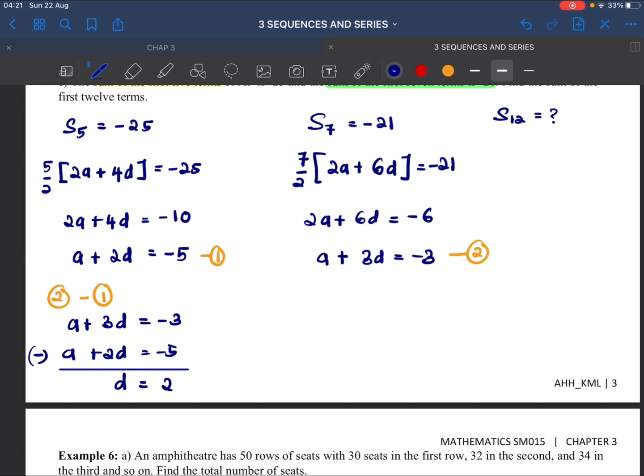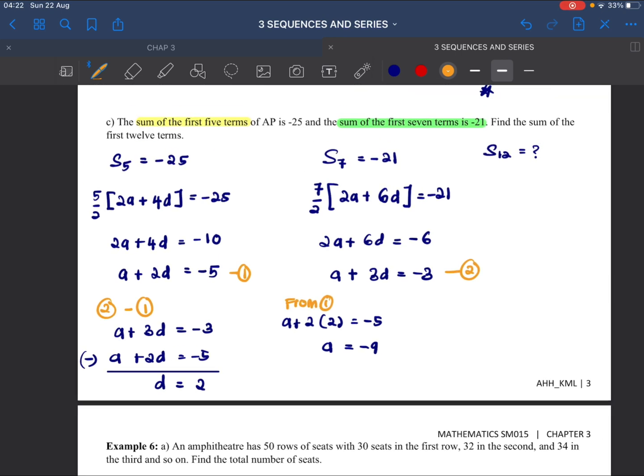We can find our a. So a plus 2 times 2 equals to negative 5. So a is equals to negative 9. So ini daripada equation nombor 1. Okay. So ada a, ada d. The question asks to find S12. So masuk je dalam formula.